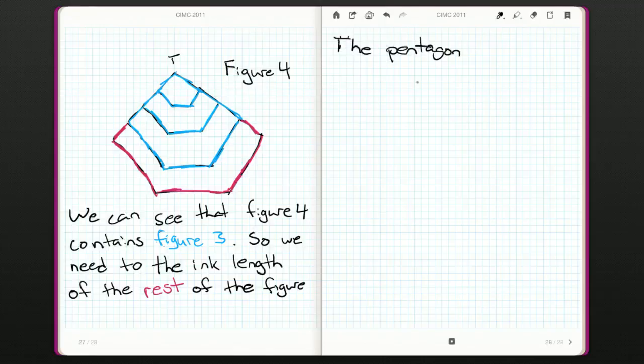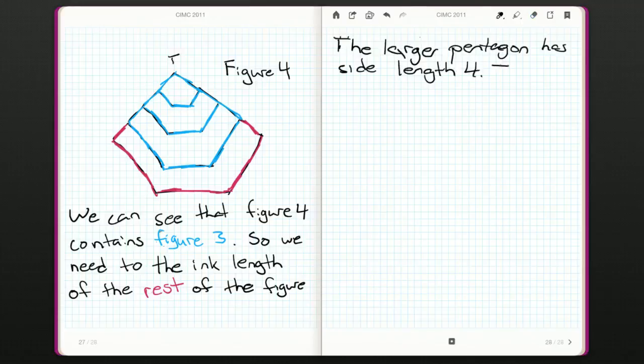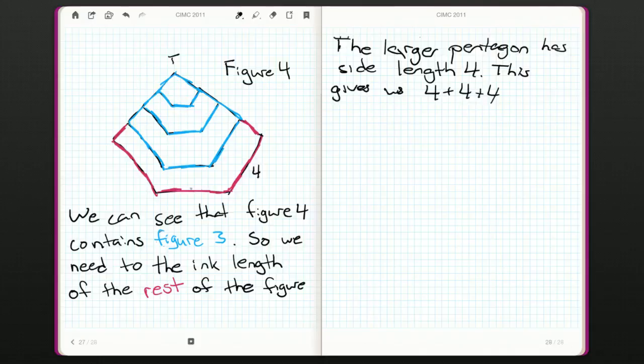So the larger pentagon, we should specify the larger pentagon, this gives us 4 plus 4 plus 4 for the ink length down here.